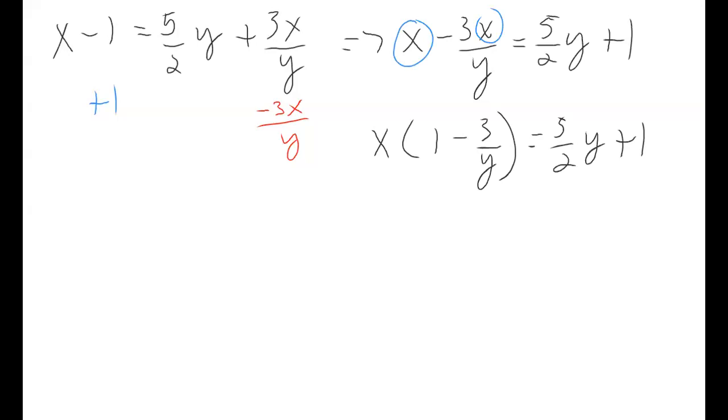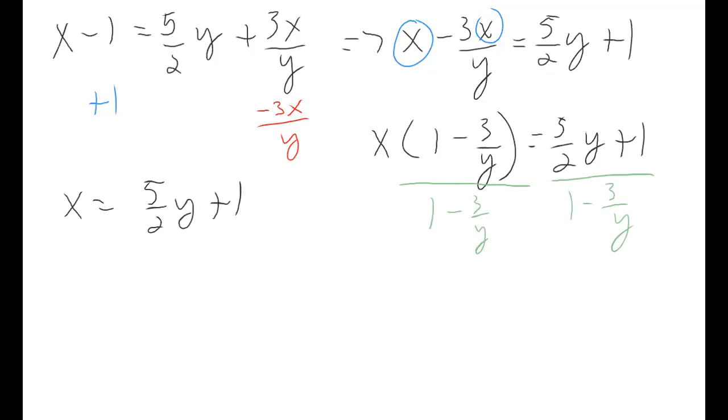Now the x is finally by itself. So now, if I divide this side by 1 minus 3 over y, and divide this side by 1 minus 3 over y, x equals 5 halves y plus 1 all over 1 minus 3 over y.